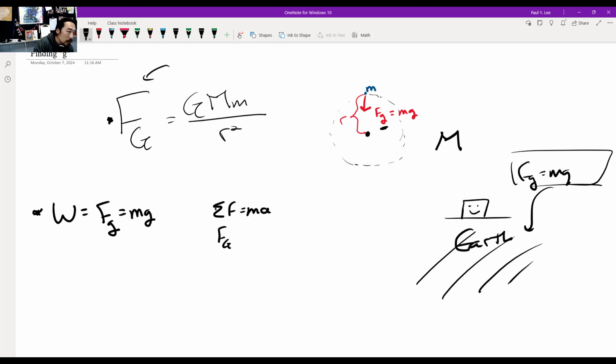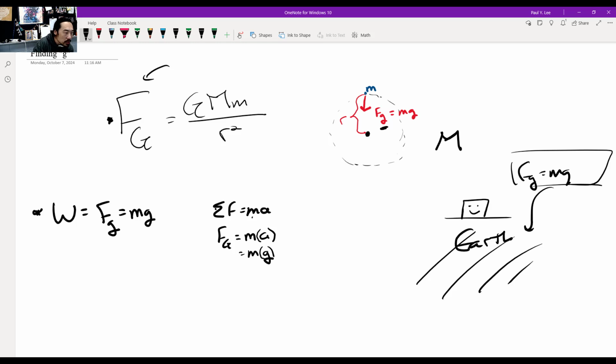Because we're looking at the Earth and you, we're looking at the capital G version, and so we have this M. So this is the system, where the force of gravity is acting on you. So this is lowercase m, and then we have this a. I'm going to put the a in parentheses, because that's what we're trying to find: the acceleration due to gravity. We know the acceleration due to gravity for us on Earth is g.